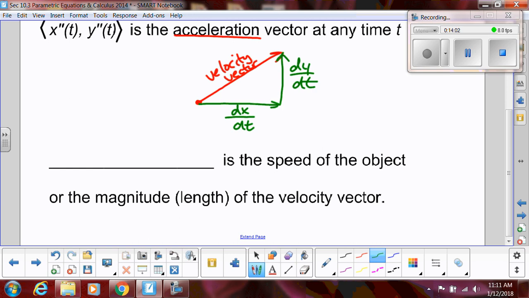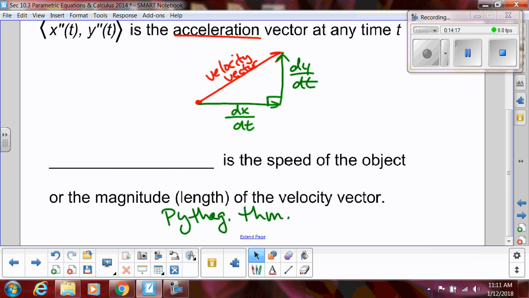If I wanted to know the speed, that's also called the magnitude or the length. To find the length of that, all I'm doing is the Pythagorean theorem. So my speed, or the length, or the absolute value of that velocity, is just the length of that hypotenuse.